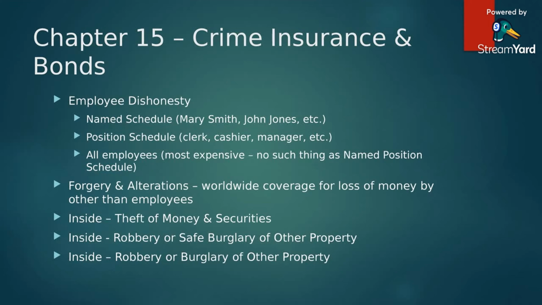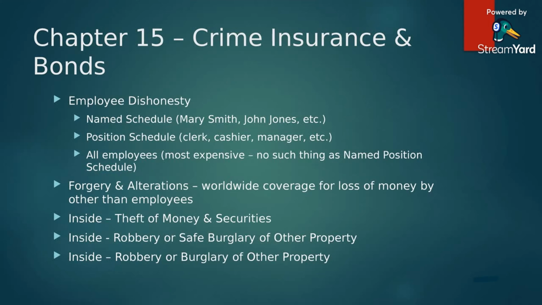Inside the premise, robbery or safe burglary of other property is going to provide coverage for loss or damage to other property inside the premise resulting from an actual or attempted robbery of a custodian or from a safe or vault that is inside the premise. And then inside robbery or burglary of other property, this is going to cover the loss of other property because of burglary.